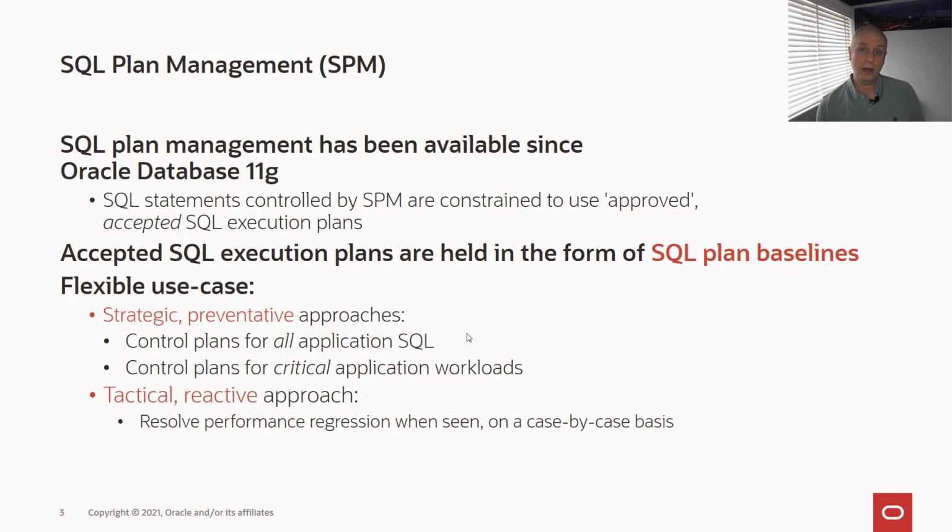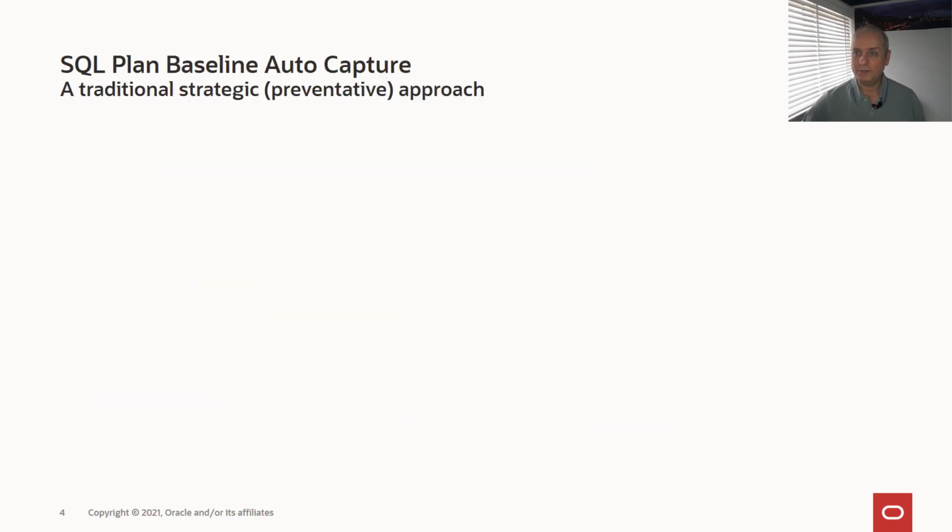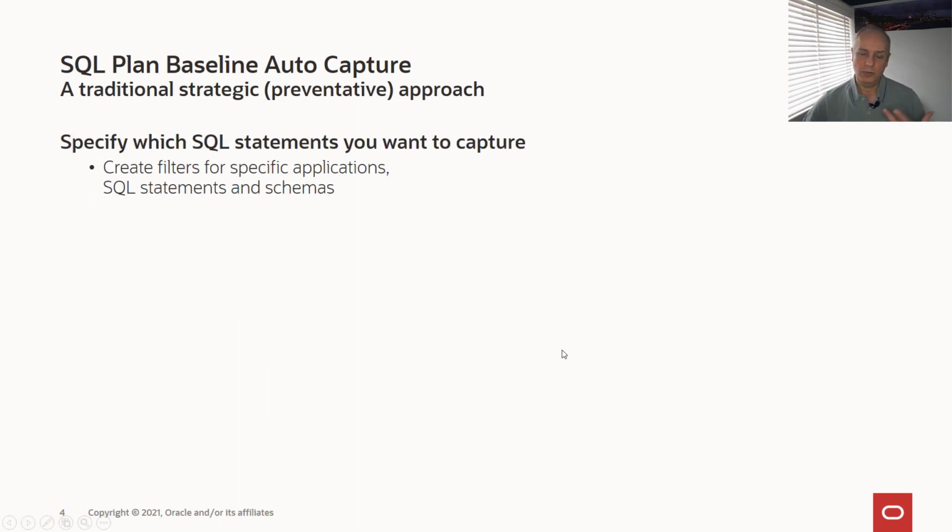But overall, what grew to prominence and is used more often these days is more of a tactical and reactive approach. In other words, you have a SQL statement that's worked fine for a long time, then you use SQL Plan Management to control the execution plan when it's proved to be problematic. Typically, a SQL statement may experience a performance regression, and then a SQL Plan baseline is created to control that execution plan to prevent that from happening again in future. So if we look at the strategic or preventative approach, the way you do this is you can specify which SQL statements you want to capture.